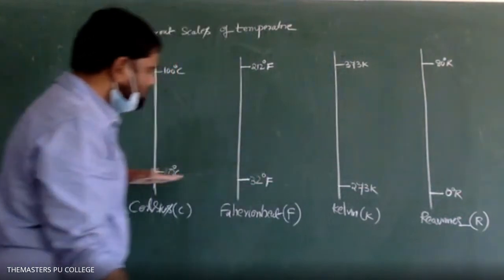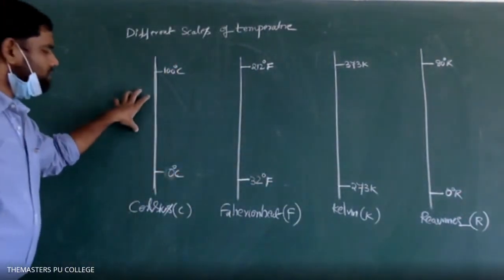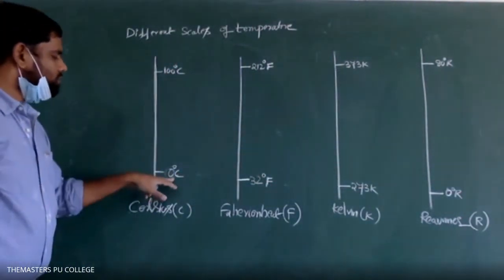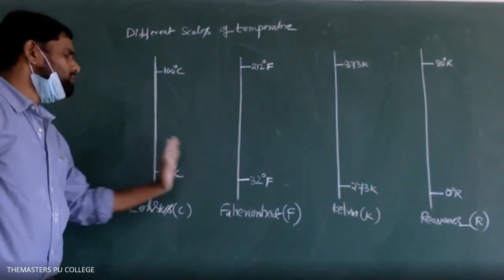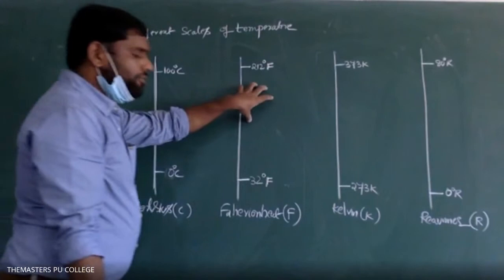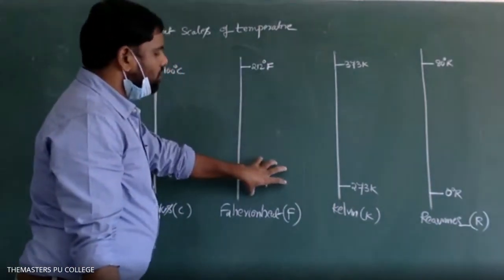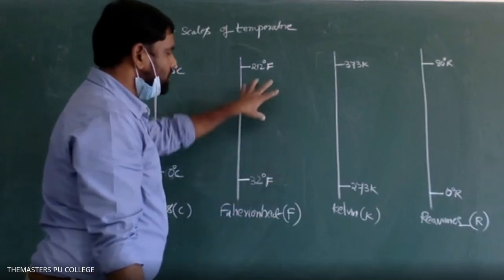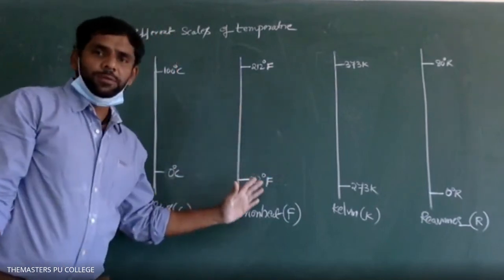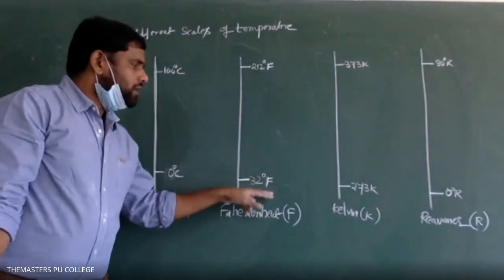All represent the same. According to Celsius scale, LFP equal to 0 degrees centigrade means at this particular temperature the ice will start melting. According to Fahrenheit scale, the lower fixing point is 32 degrees Fahrenheit, means at this particular temperature the ice will start melting.